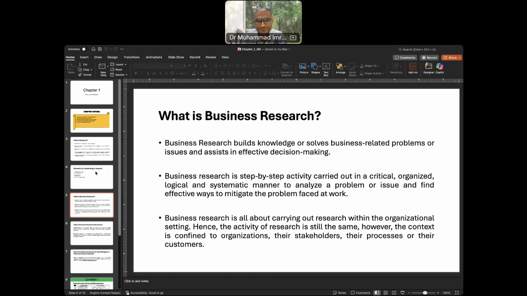The people or factors directly or indirectly influencing or impacting our business, that is called the stakeholders. Some of the famous stakeholders: employees, owners, shareholders, your community also, government also, those are the stakeholders. Later we will cover further.